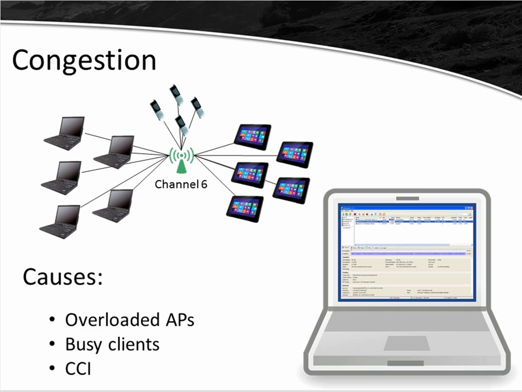Okay, so let's talk about congestion. When it comes to congestion, the causes are overloaded APs. So we've got too many users, or devices is a better way to say it, connected to an access point. We have busy clients. That is, we have clients that are using throughput intensive applications.